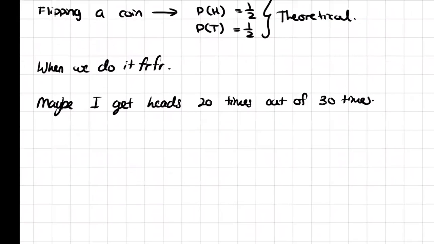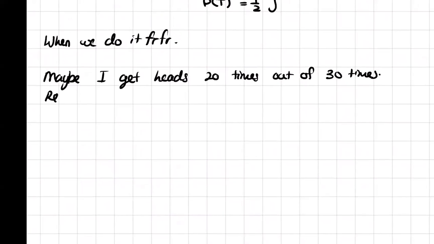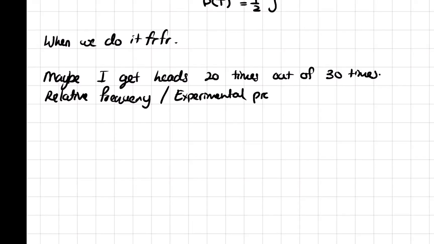So if I'm using relative frequency, or something we call experimental probability, I can say that the probability of getting a head here is 2/3 or 20/30, because I only get it 20 times out of 30 times.